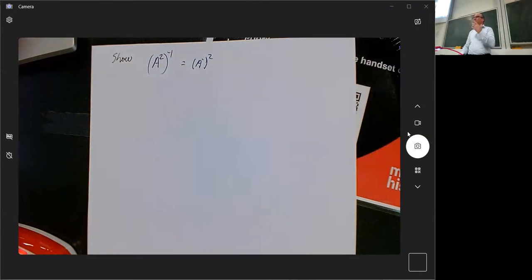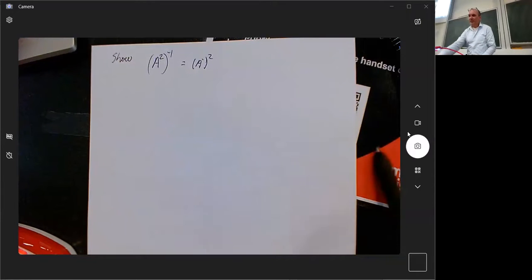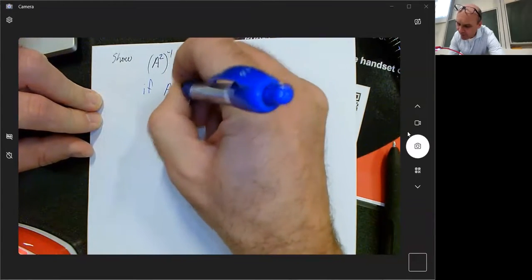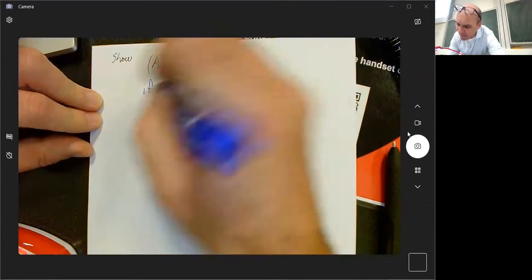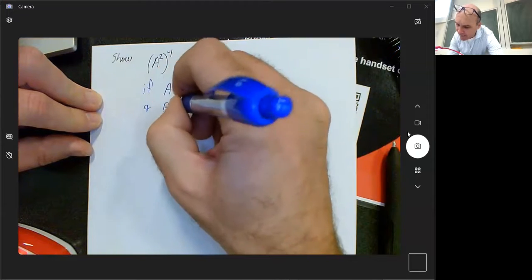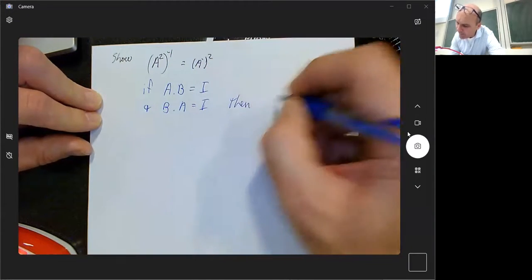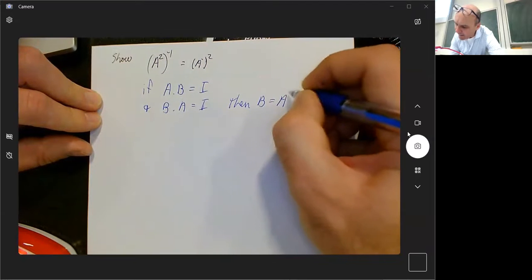Yes. So when we think about what's actually involved, there's a thing that says if A times B is equal to the identity and B times A is equal to the identity, then B is equal to A inverse.